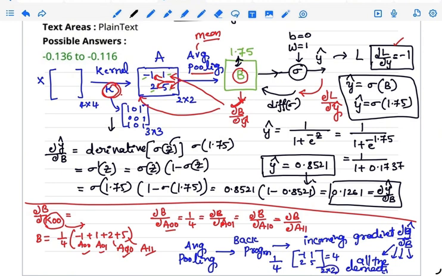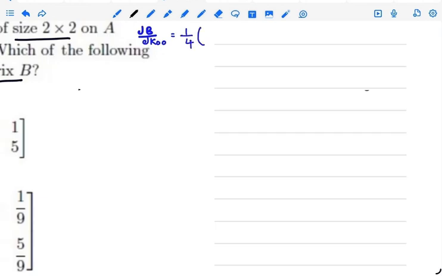So it is 1 by 4 times dou A00 by dou K00 plus dou A01 by dou K00. We want the partial differentiation of the loss with respect to this element only. The contribution is the same, 1 by 4.